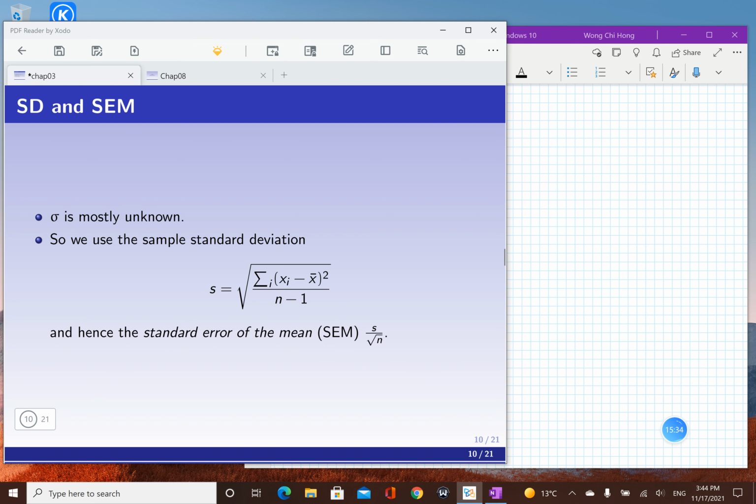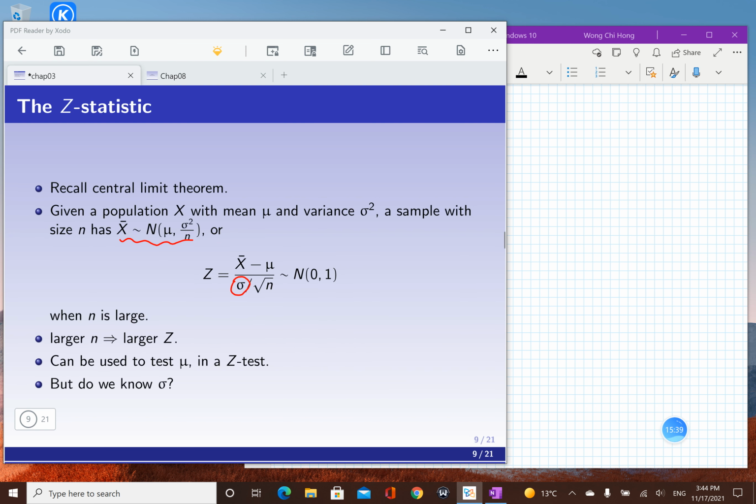The thing is, if we have a large enough sample size, just like before, we may say that our sample standard deviation should be a fairly good approximation to the true one. Maybe we can say that what our sigma should be is something like S. So we'll use this sample standard deviation here.